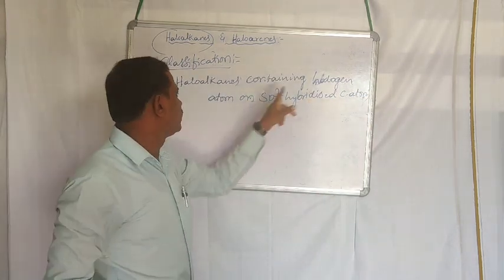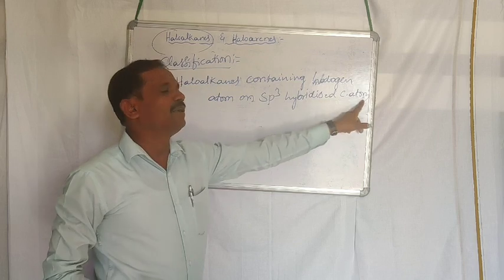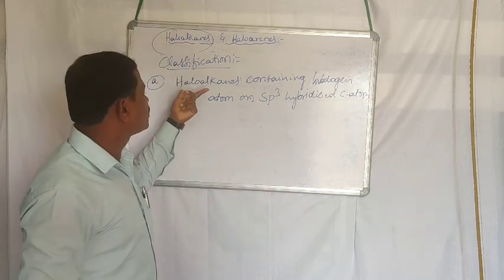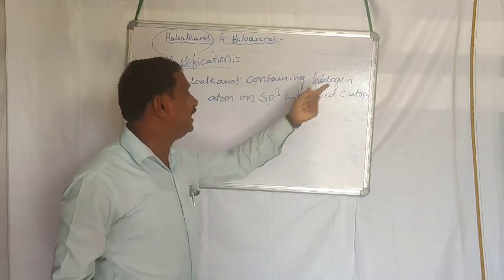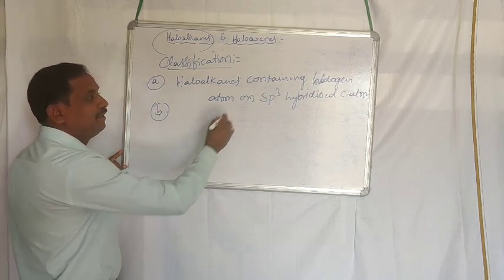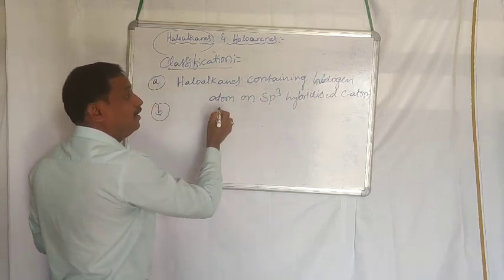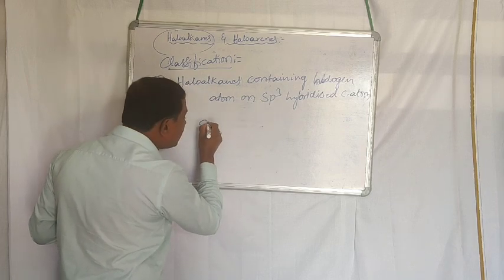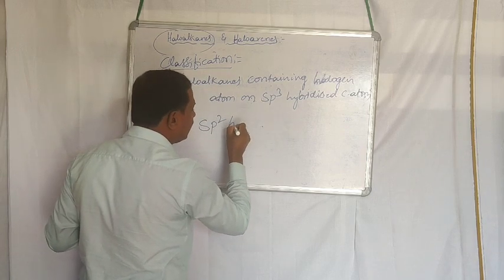Haloalkanes containing halogen atom on sp3 hybridized carbon atom. Another classification, haloalkanes containing halogen atom on sp2 hybridized carbon atom.